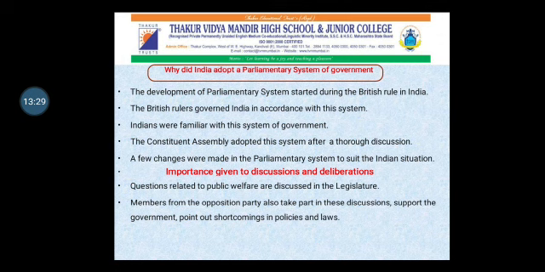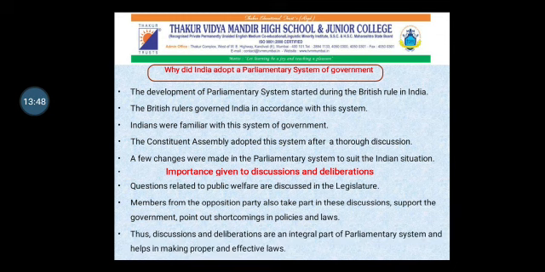So you must have seen that opposition supports the government if they agree with their policies, and they also point out shortcomings in the policies and law if they disagree. So these things are very important to make proper and effective laws for our country, for our people.